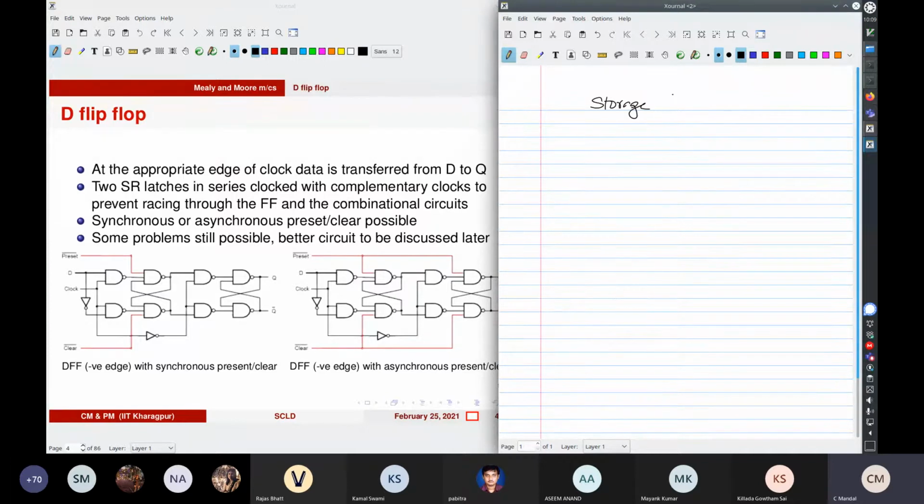Fundamental to this, and the simplest one, is a D flip-flop, and its operation is very simple.